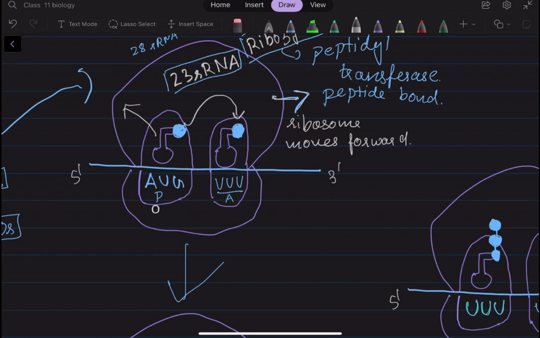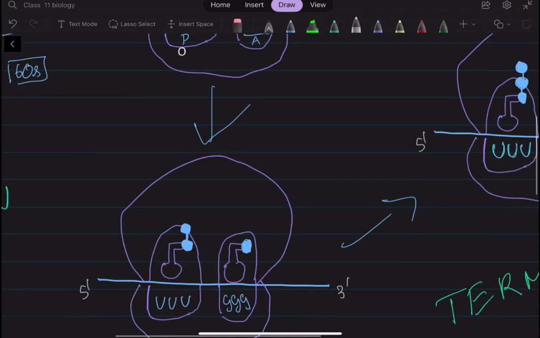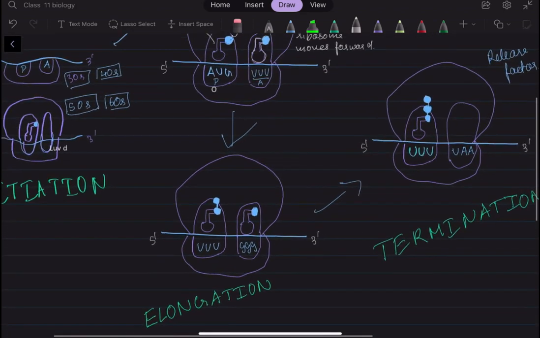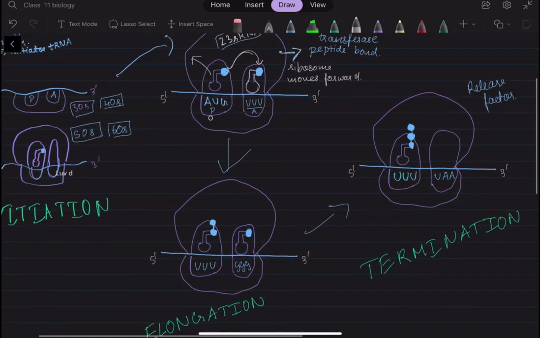When this entire thing moves forward, the P site comes to the place where the previous tRNA was, this UUU tRNA was, and you will get something like this. So here the bond is formed and the methionine is on top of the phenylalanine like this.